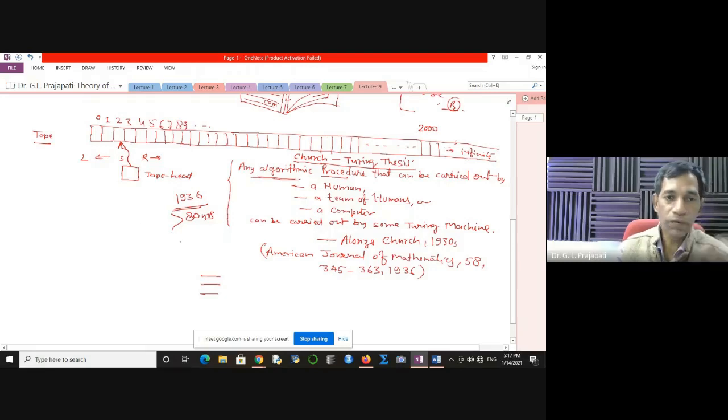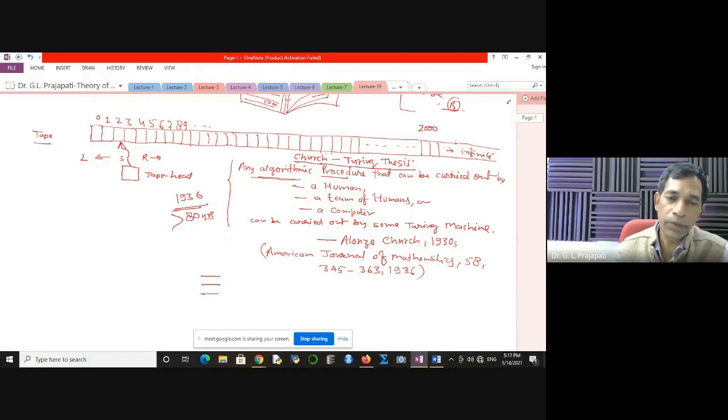Here, in the case of the Turing machine, we have given the tape as the storage. So you can go from this end to any other part of this tape, and again you can come back, meaning you can repeat. Your tape head can go backward and forward. There is no restriction.